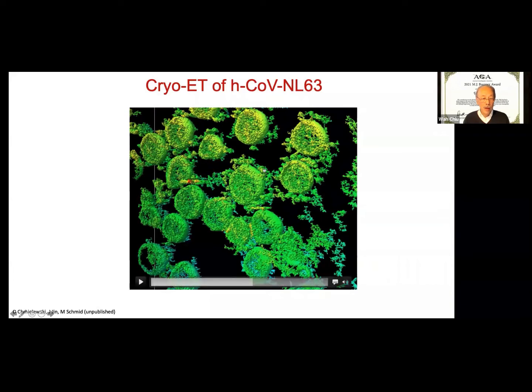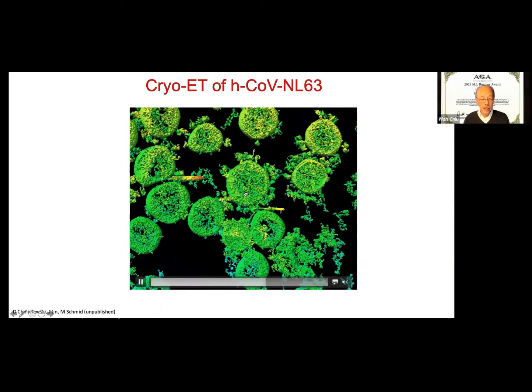The spikes are not distributed evenly on the surface of the coronavirus. That means all the news we saw on television, with all the spikes sticking out regularly, is not true in real life.